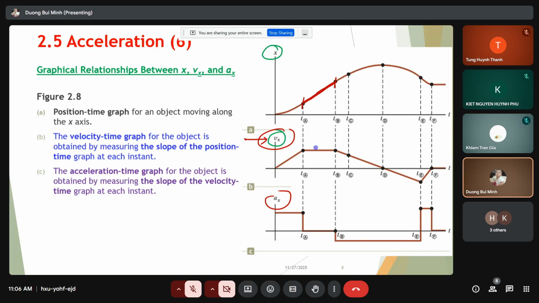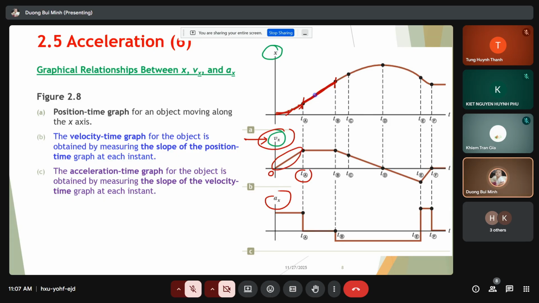From 0 to ti, you get this slope. So the velocity will increase gradually because the slope is higher and higher. So here is Vx.